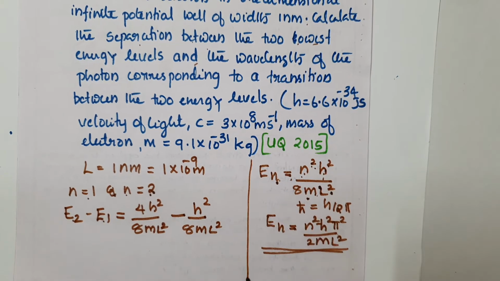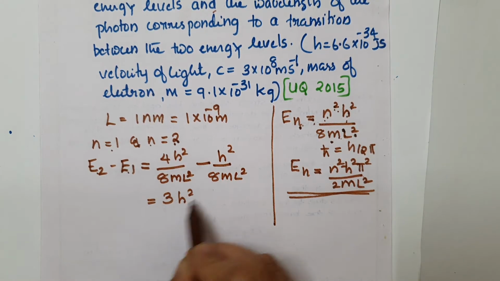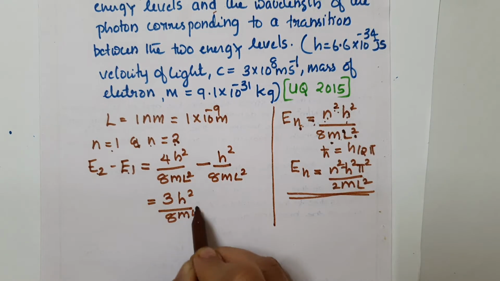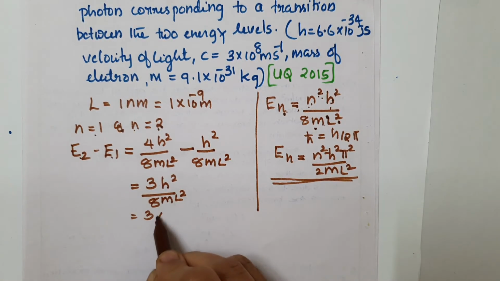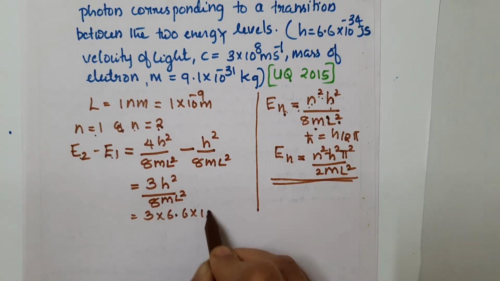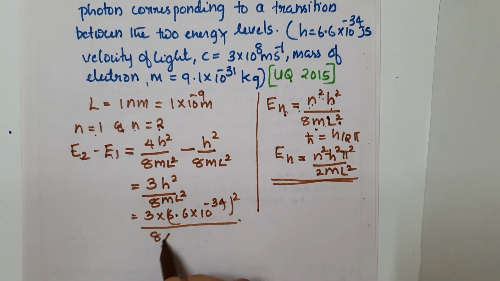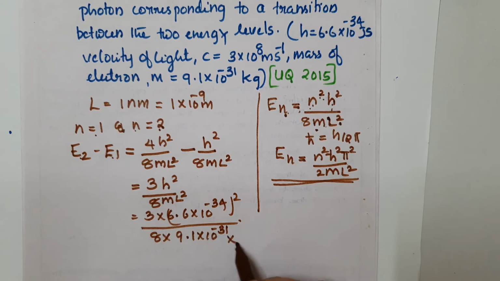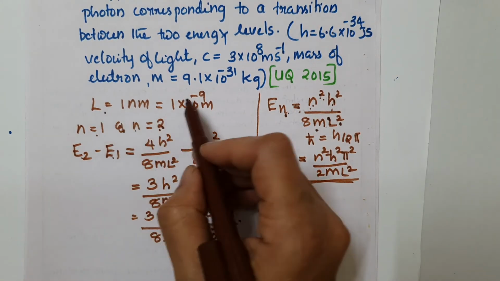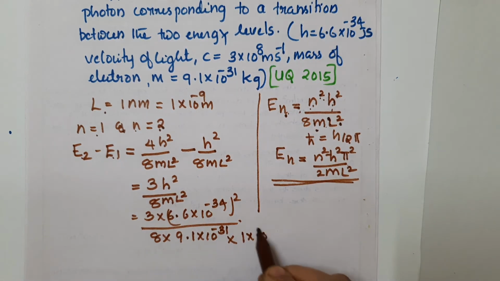This gives 3h square divided by 8mL square, and substituting the values, 3 into 6.6 into 10 raised to minus 34 the whole square divided by 8 into 9.1 into 10 raised to minus 31 into 1 into 10 raised to minus 9 the whole square.